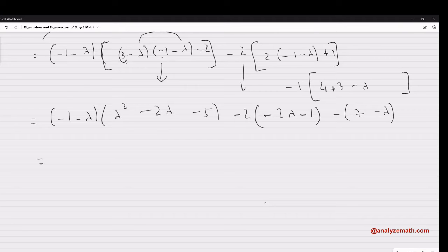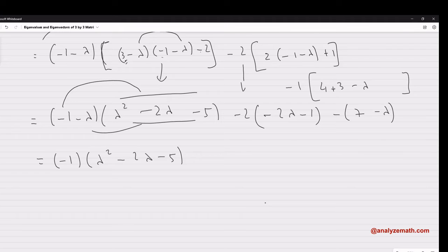Good. I'm going to distribute this on here and here. So I will have negative 1 multiplied by the whole bracket, and then minus lambda multiplied by lambda squared minus 2 lambda minus 5.